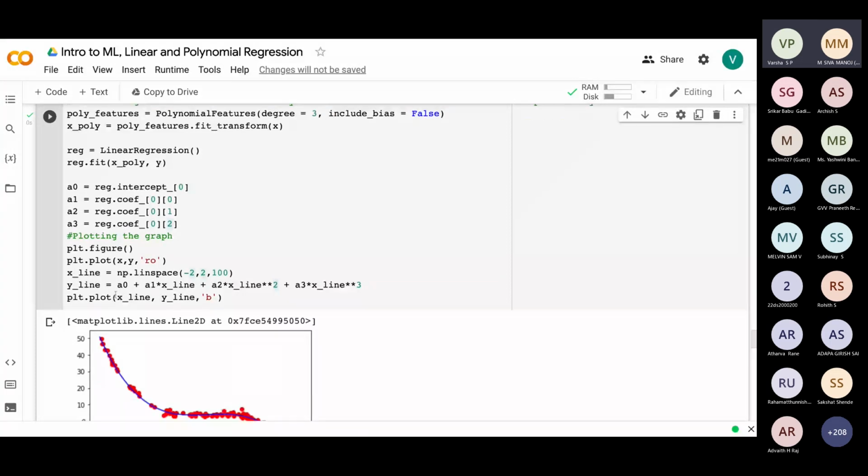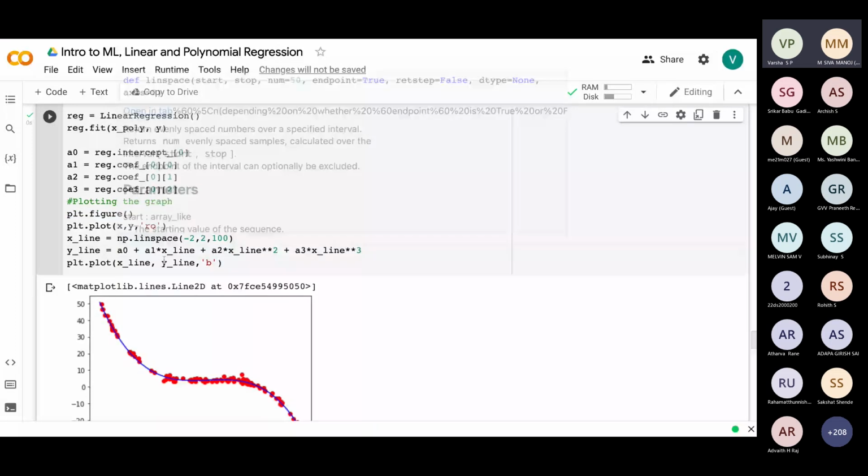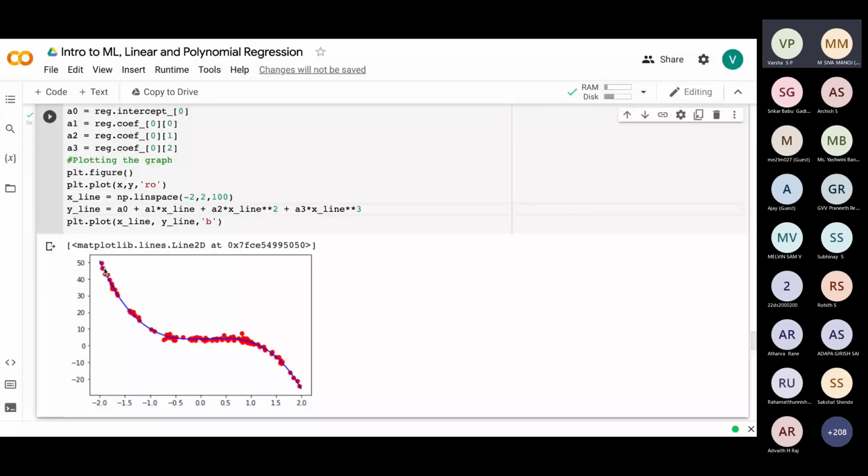You should be knowing this by now. This is the code for plotting the graph. And when you plot all of this, you'll get a graph something like this, a curve. The red dots denote the data points, and the graph is what you've plotted with the cubic equation.